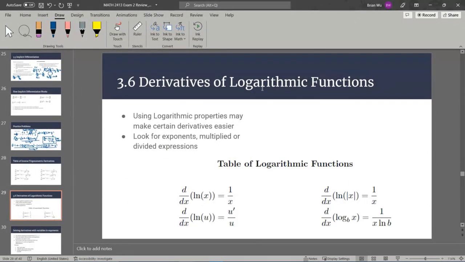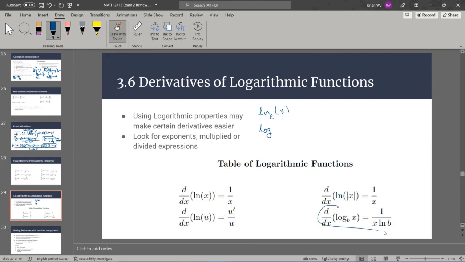Okay, 6 goes to derivatives of logarithmic functions. The most common logarithm you'll see is ln, which technically has a base of e. Logs are just the opposite of exponential functions. I'm sure you learned that before in previous courses, but for derivatives of them, the most common one is ln x, which is 1 over x. ln of any absolute value x is also 1 over x.